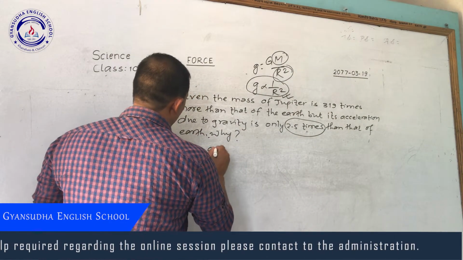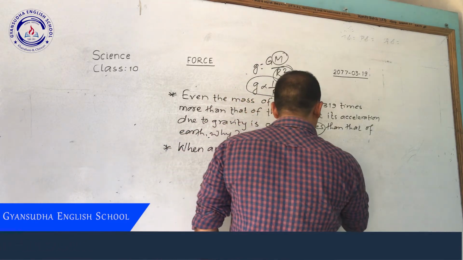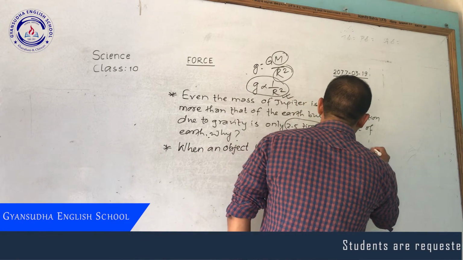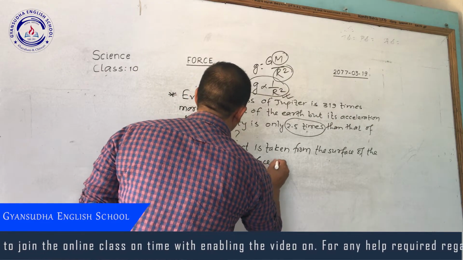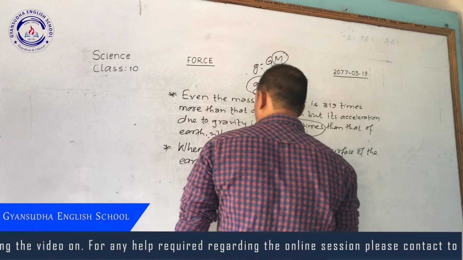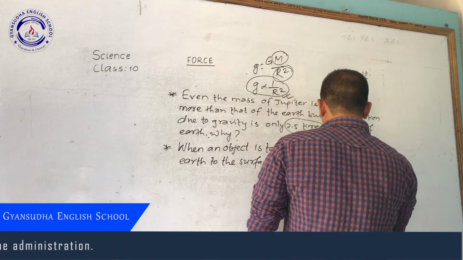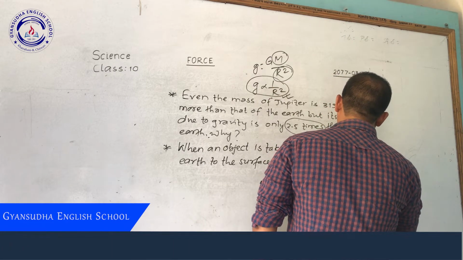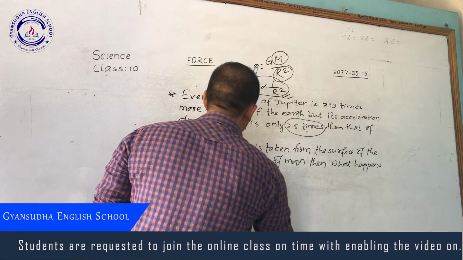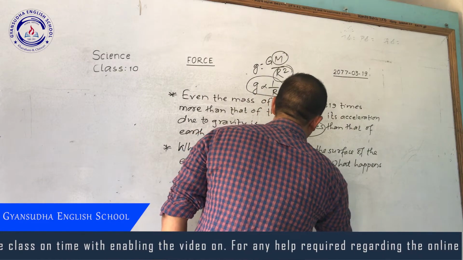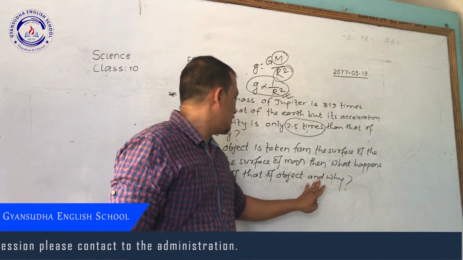When an object is taken from the surface of the earth to the surface of the moon, then what happens to the weight of the object, and why?